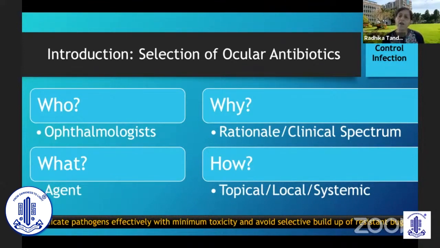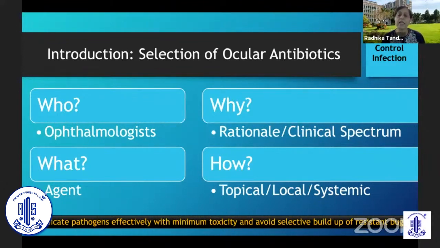So when they are invading a particular eye or an ocular tissue, and they are now being attacked by the antimicrobial agents, the ones which are stronger, they are going to survive and then multiply, having the full playing field to themselves when the others are all knocked out. So therefore, whatever agent you give has to be effective and successful in eliminating all the organisms at one go as far as possible. So that is something which is important.